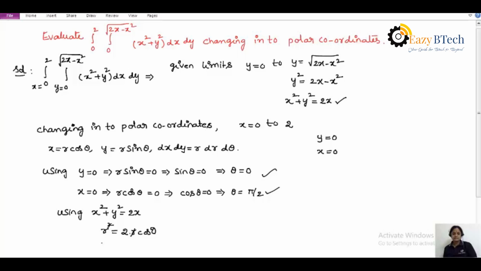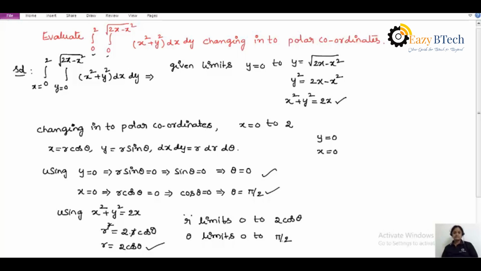One r will be cancelled and r is equal to 2 cos theta. Then 2 cos theta is the one limit. So the lower limit is 0 here, because the required region is in the first quadrant only. Then r limits are 0 to 2 cos theta, and theta limits 0 to pi by 2.